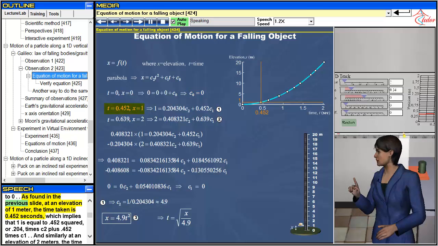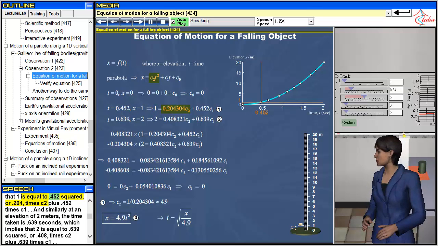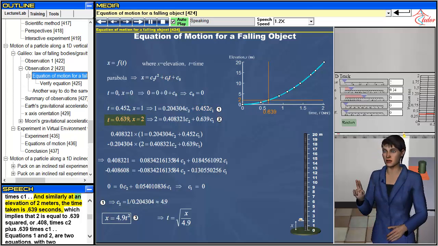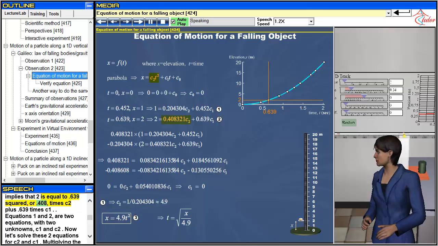As found in the previous slide, at an elevation of 1 meter, the time taken is 0.452 seconds, which implies that 1 is equal to 0.452 squared, or 0.204, times c2, plus 0.452 times c1. And similarly at an elevation of 2 meters, the time taken is 0.639 seconds, which implies that 2 is equal to 0.639 squared, or 0.408, times c2, plus 0.639 times c1.